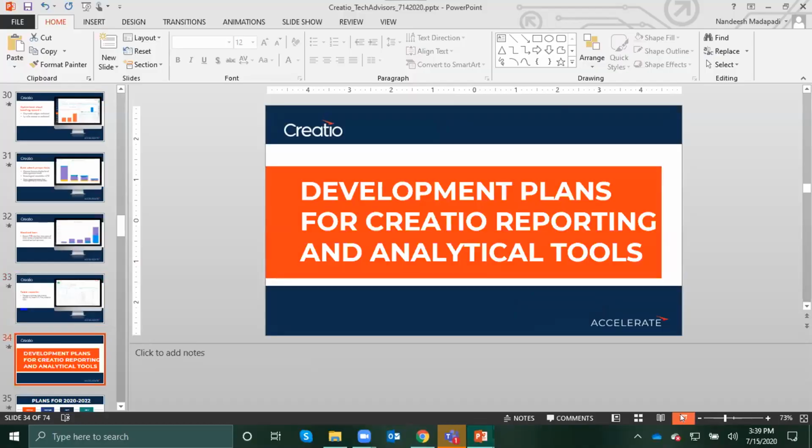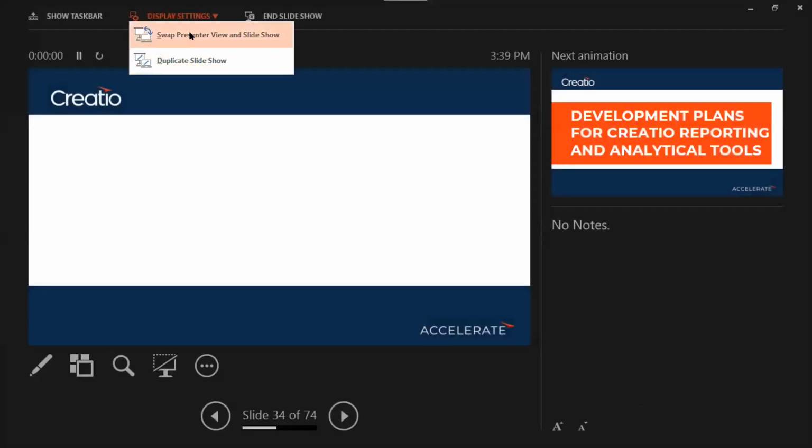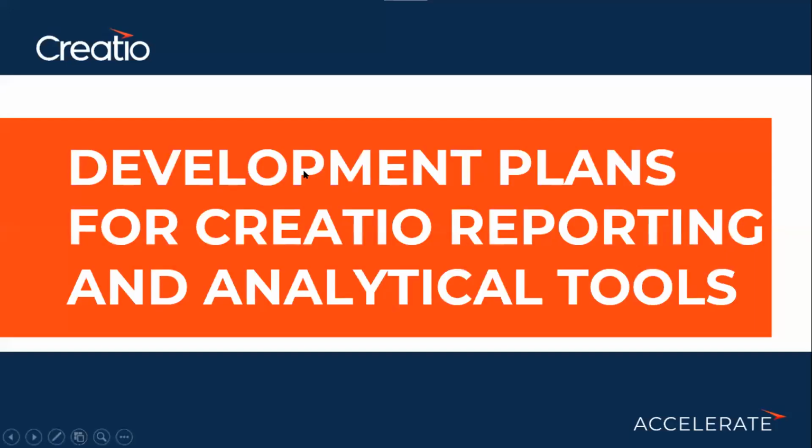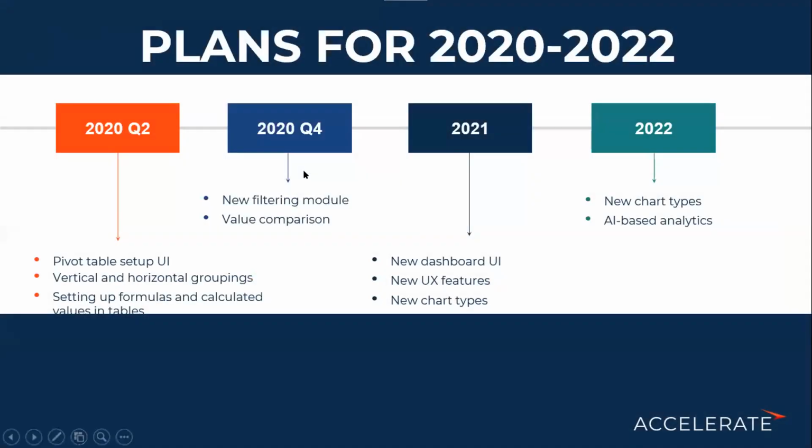to show you what else is upcoming. What else are we thinking in terms of development plans for reporting? As you can see from our Q2 perspective, we've already done that. We've done the pivot tables, formulas and tables. We're doing some new filtering modules. I showed that to you very quickly using the search functionality and having some favorites.